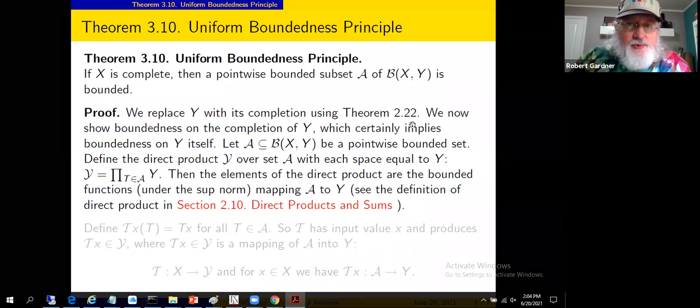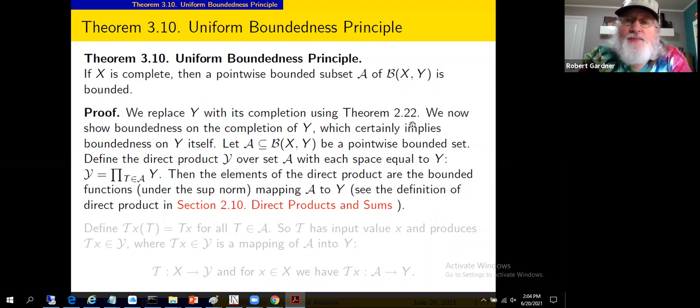Theorem 2.22, a few sections back, this is about a chapter ago, wasn't it? Said something to the effect that every normed linear space has a completion. A completion was a superset. It was a normed linear space of which this is a subspace and this is dense in that space. So anyhow, we're going to a slightly bigger but complete normed linear space.